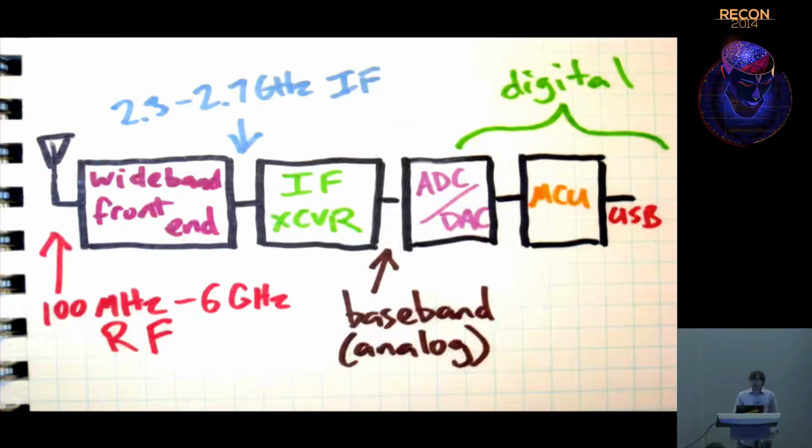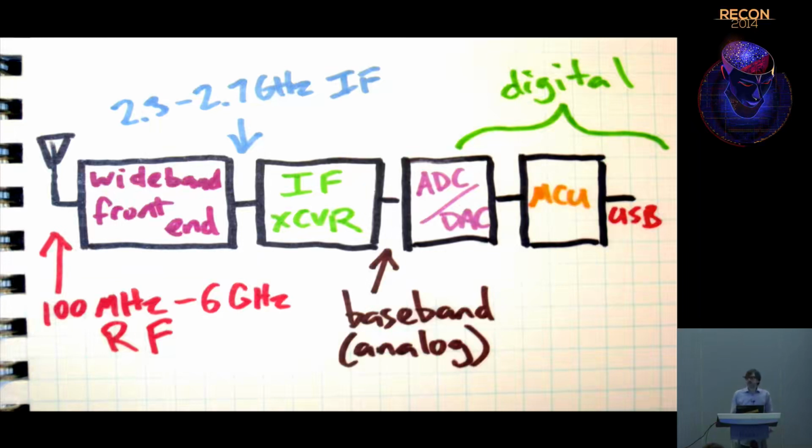To understand what I'm talking about, it's helpful to know a little about the architecture of HackRF. This is an old slide, from back when I was originally hoping that my operating frequency range would be 100 megahertz to 6 gigahertz. It's actually wider than that now, but the architecture still stands. At the antenna, we can transmit or receive signals over this very wide operating frequency range.